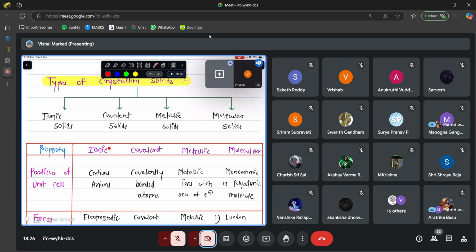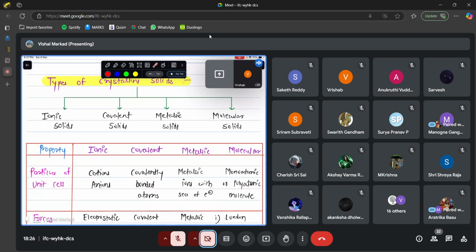In ionic solid, cations and anions are the particles. In covalent solid, covalently bonded atoms are the particles. In metallic solid, metallic ions with the sea of electrons are the particles of the unit cell.